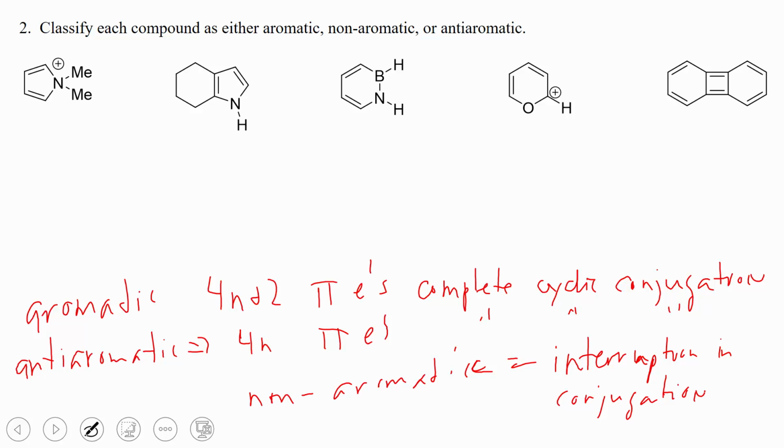Okay, we also need to be cognizant of the fact that our conjugation can, as long as we have p orbitals overlapping with other p orbitals, we can have conjugation. So the conjugation can come from pi bonds, can come from lone pairs, and it can come from empty p orbitals.